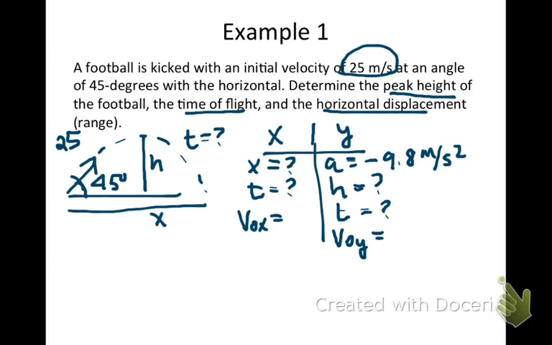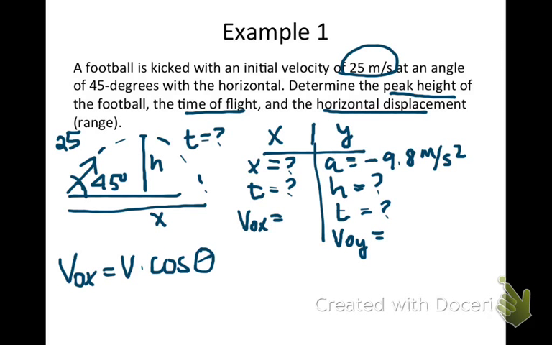Okay, so here's the thing. We also know that the initial velocity is 25 meters per second, right? But remember that that is in both X and Y. You have to find his two personalities, the part of him that's the horizontal part and his split personality that's in the Y part. And if you remember from your notes, we said that the horizontal component, v naught x, is going to be equal to v times the cosine of that angle.